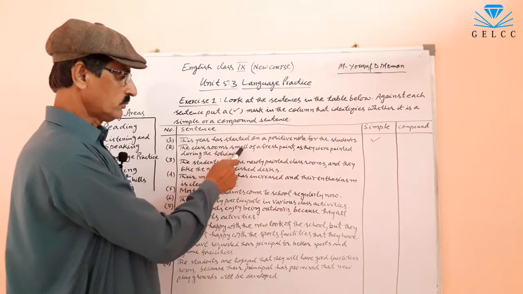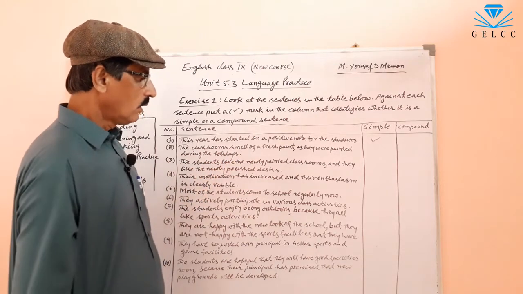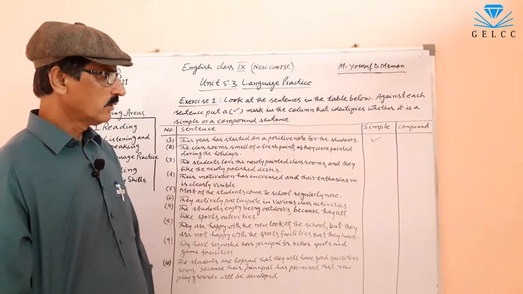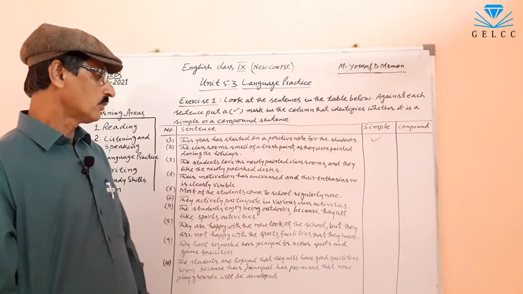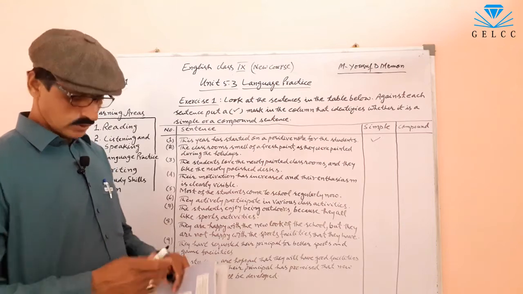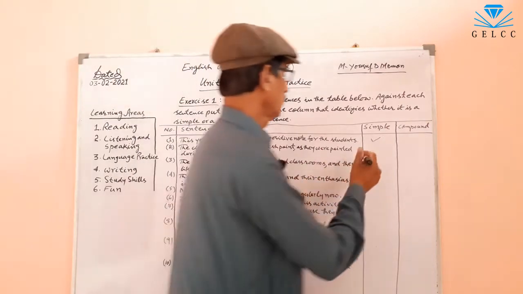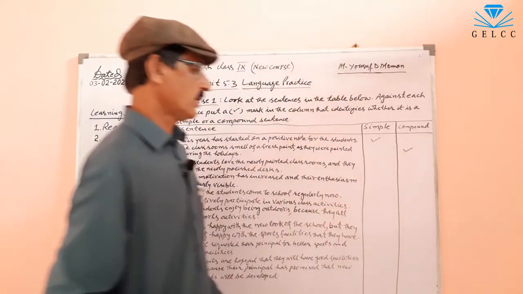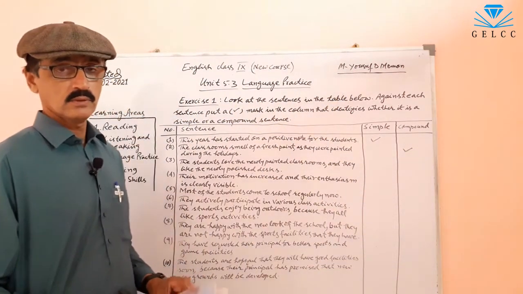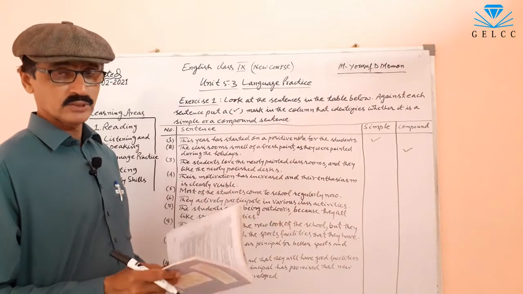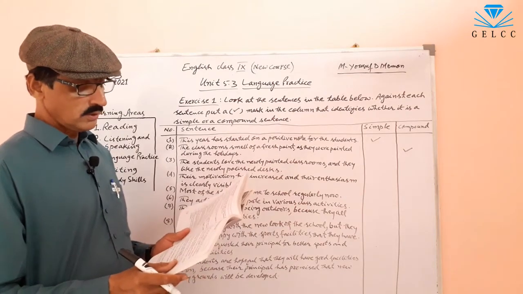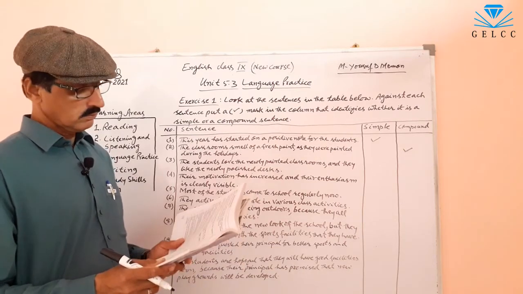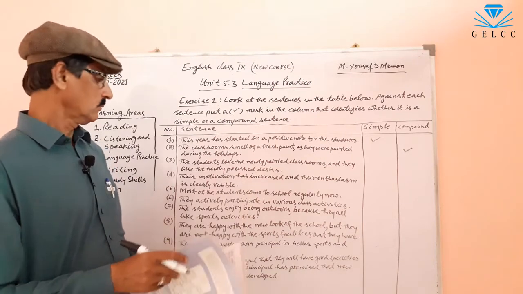The classrooms smell of fresh paint, comma, as they were painted during the holidays. It is a compound sentence. How is it a compound sentence? As it has already been mentioned, a compound sentence is joined together by a comma plus and, but.